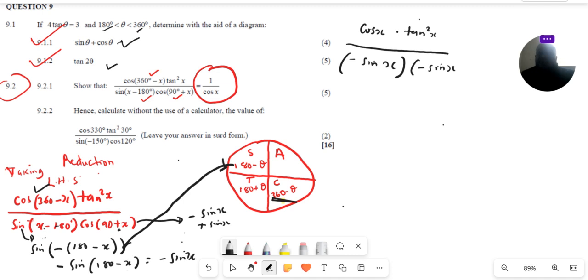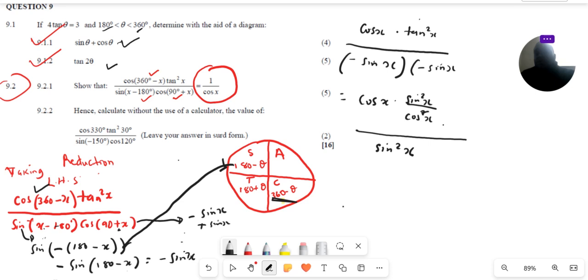If I look at this, this one will give me cos of x times tan squared x, which will always give me sine squared x over cos squared x. I'll change that trig function. So negative sine and negative sine will automatically give me a positive sine squared of x.